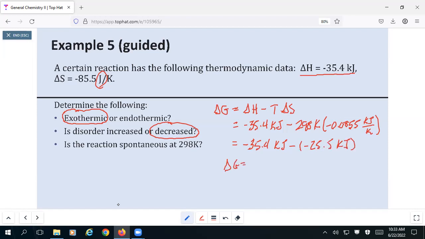So delta G is equal to negative 35.4 minus negative 25.5. And that would give us, to one decimal place, negative 9.9 kilojoules.